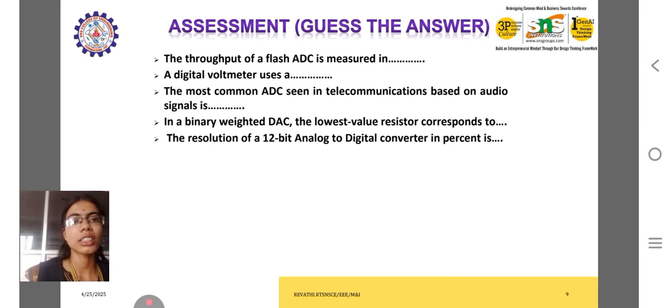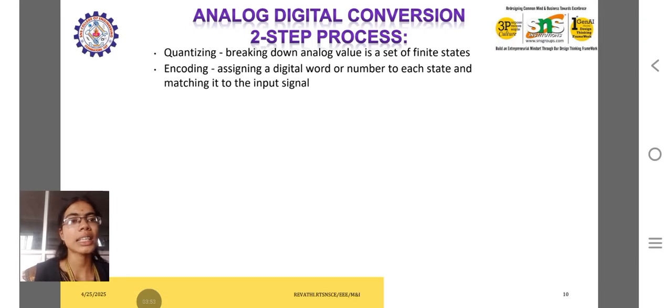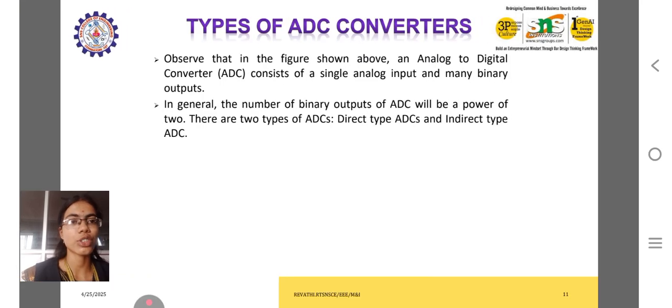Some assessment questions: the throughput of the flash ADC is measured; a digital voltmeter uses the most common ADC; seen in telecommunication based on audio signal is a binary weighted DAC; the lowest value resistor; and the resolution of a 12-bit analog to digital converter as a percentage. These are questions related to analog to digital converters, where quantizing and encoding is a two-step process of analog to digital conversion.